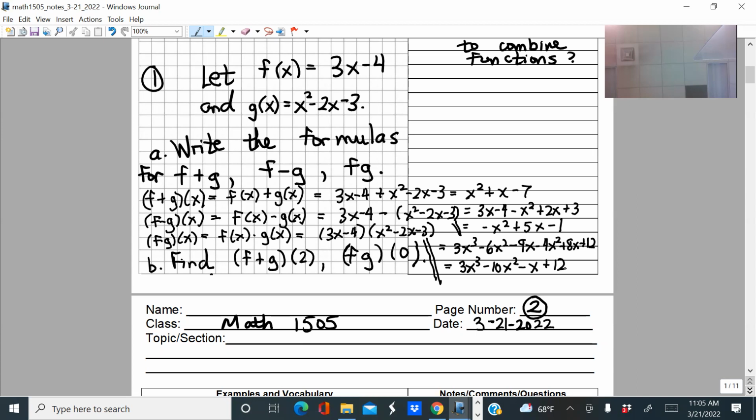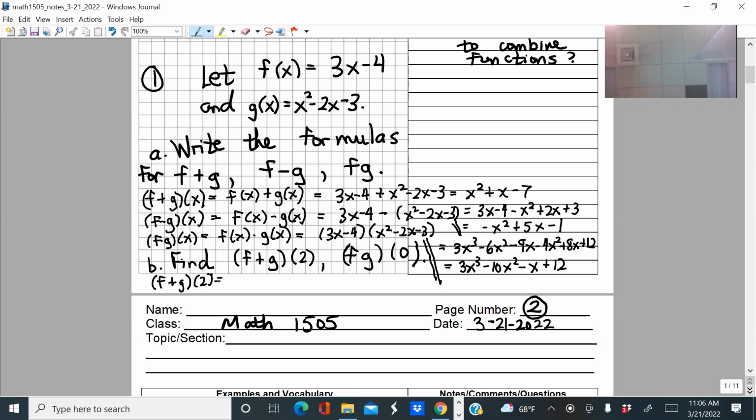Now, these are functions, so we can evaluate them at specific inputs, right? These are functions like any other function, so we can evaluate them at numerical inputs. So f plus g of 2, let's see, what would that be?